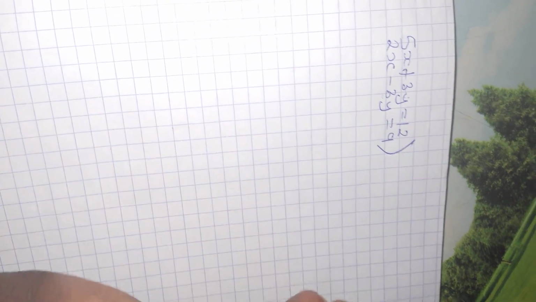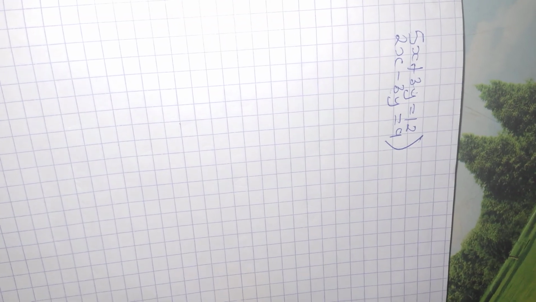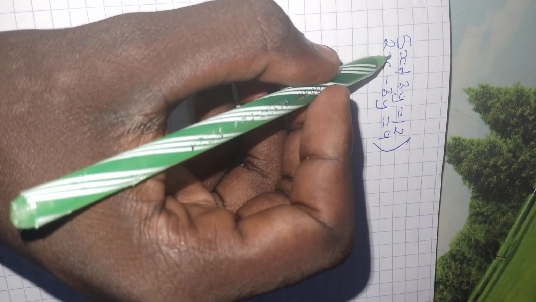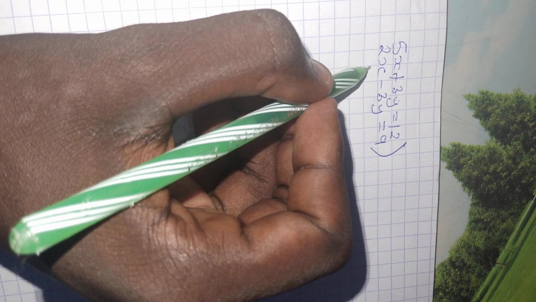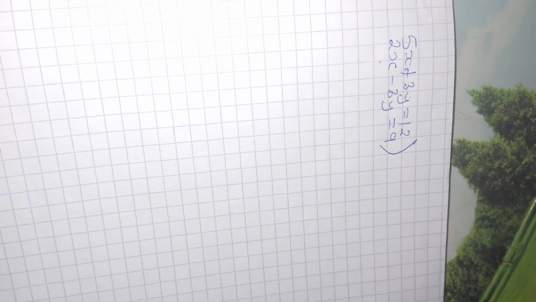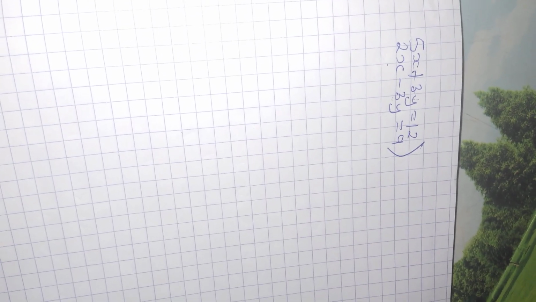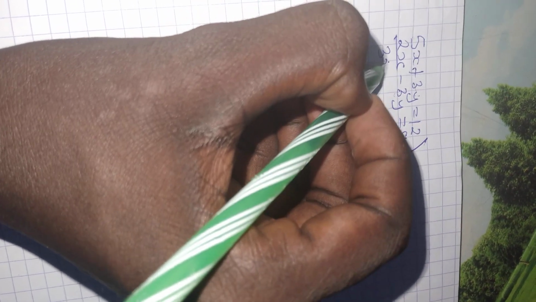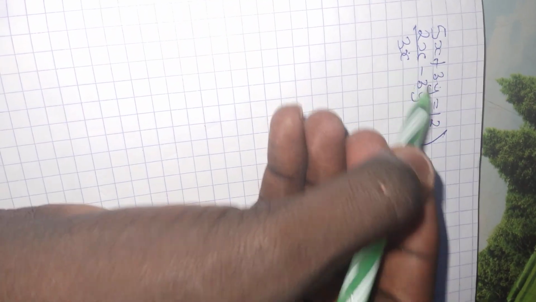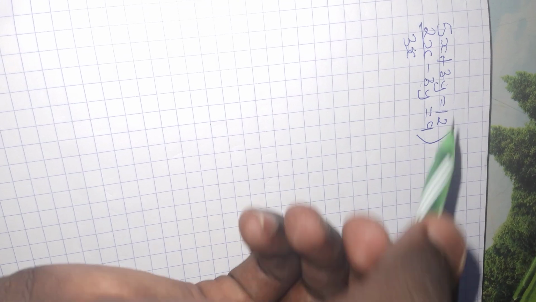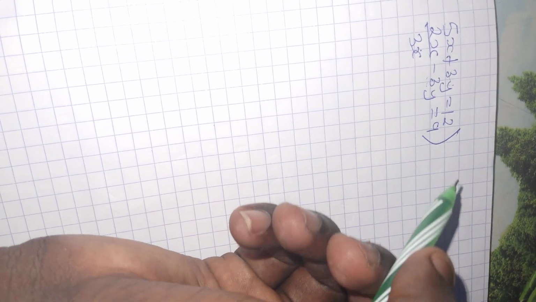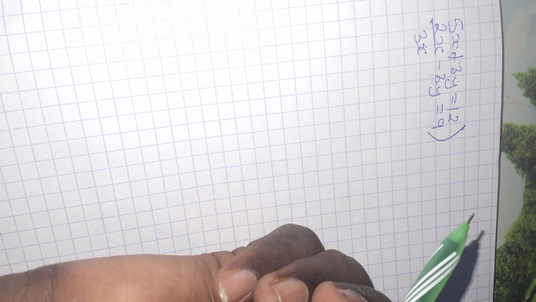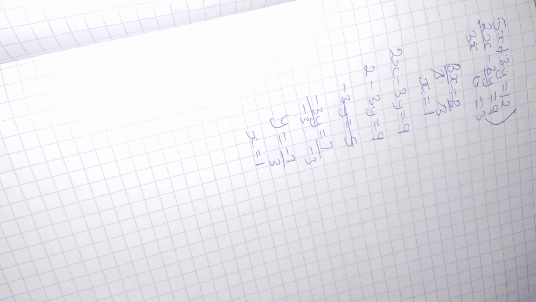So here we just find the difference directly. 5 minus 2. Let's recall our formula first. Same sign, subtraction, and here we have the same sign. We will subtract, it will be 3x. And here it will be different sign, addition. Our finding.